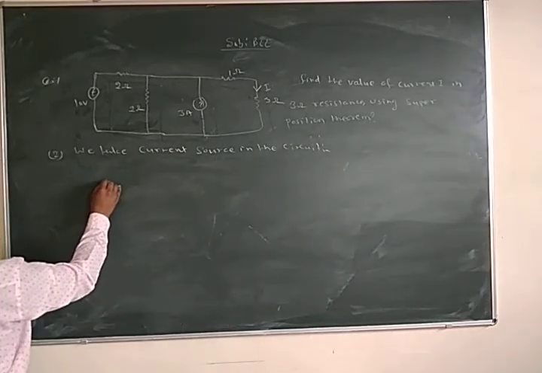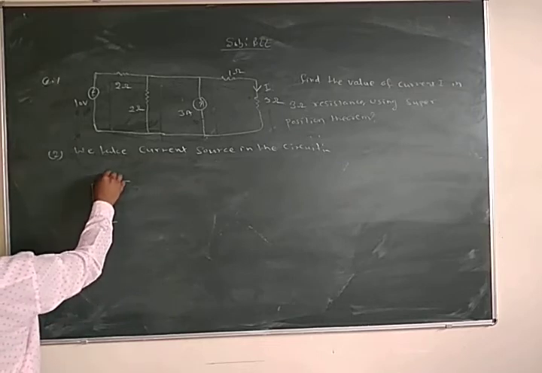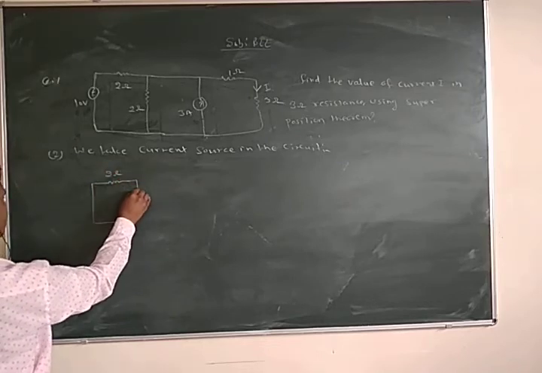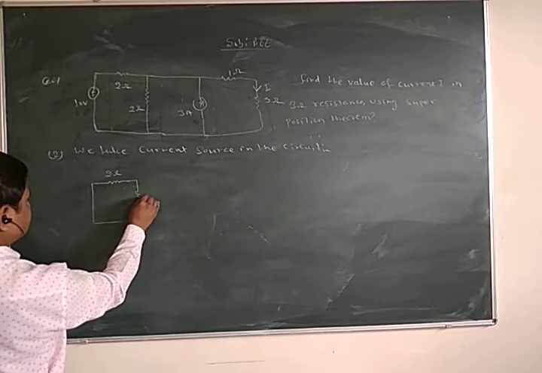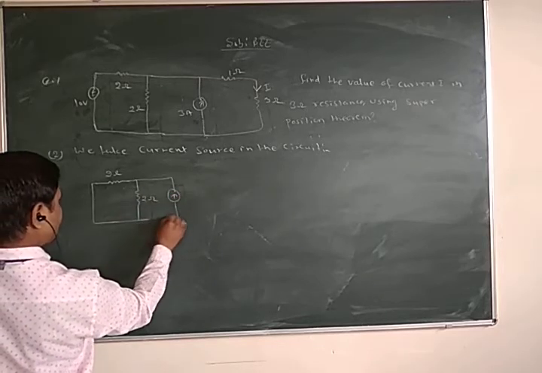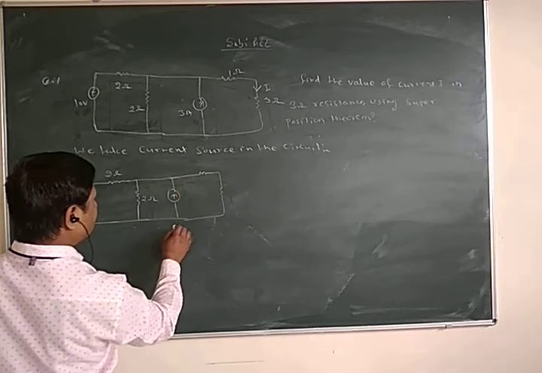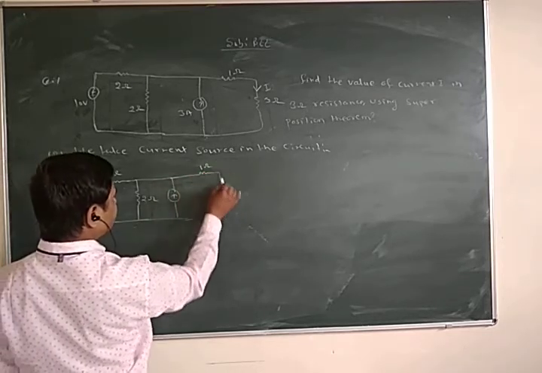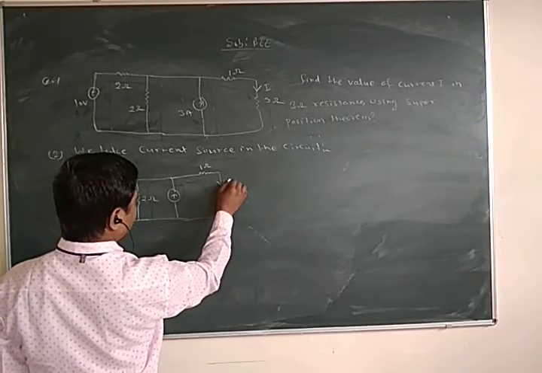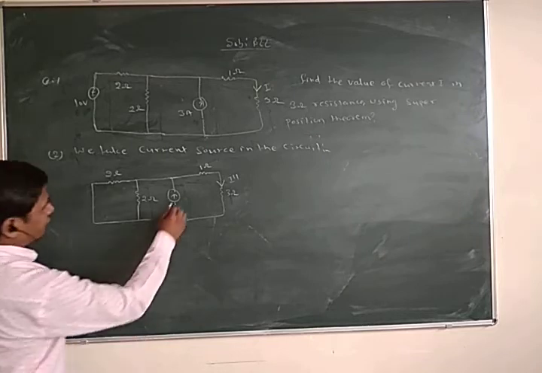Current source, then voltage source is short circuited. Now our circuit is modified in this way. Suppose current is I double dash. This is 3 ampere.